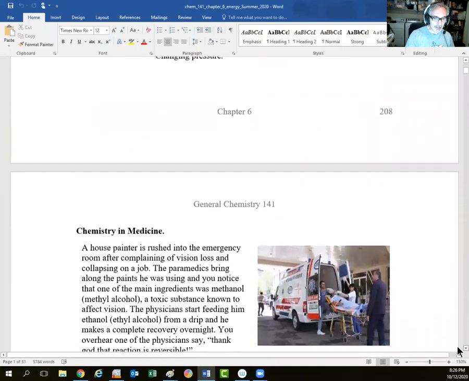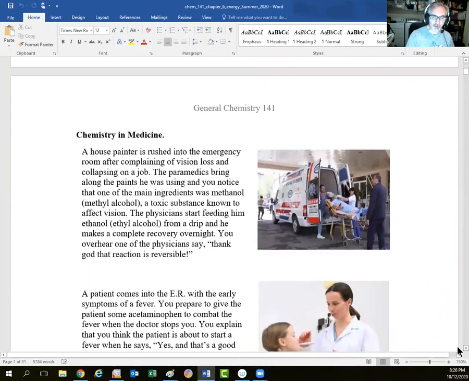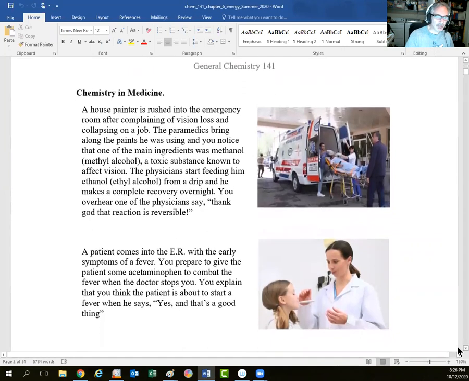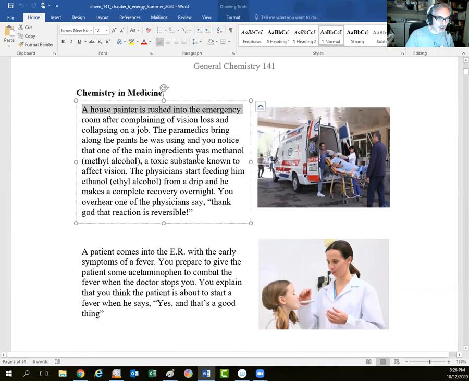A couple of the, shall we say, teasers or appetizers for the chapter. A house painter is rushed into the emergency ward, suffering from a lack of vision after collapsing on the job, and some tins of paint that were taken along on the ambulance ride suggest that methanol, what used to be called methyl alcohol, which is known to be a toxic substance, was part of the paint.